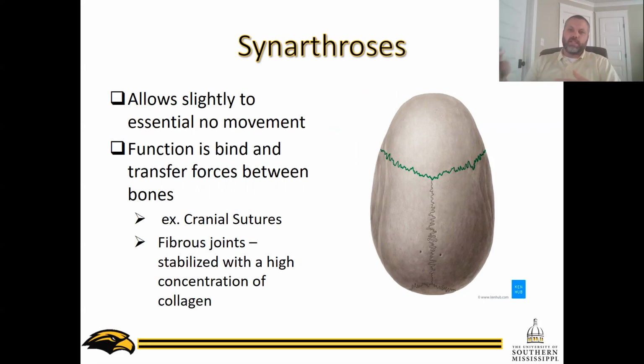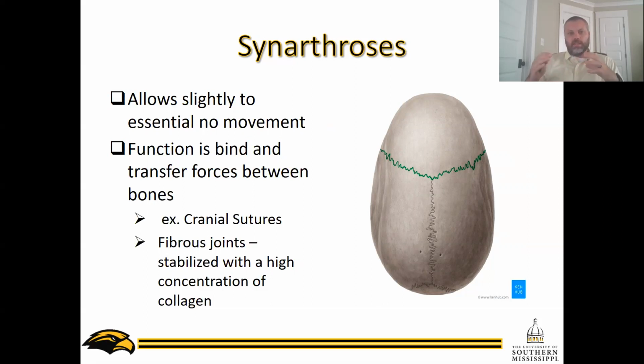And an example of a synarthrotic joint is a fibrous joint, in that our cranial sutures have little or no movement. It's the fibrous, or these high concentrations of collagen going across the joint to hold everything together. We don't have a ton of movement, if any movement, in the skull, or in the cranium itself, where these cranial plates are coming together.